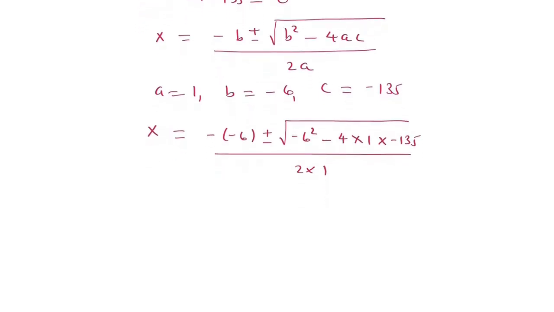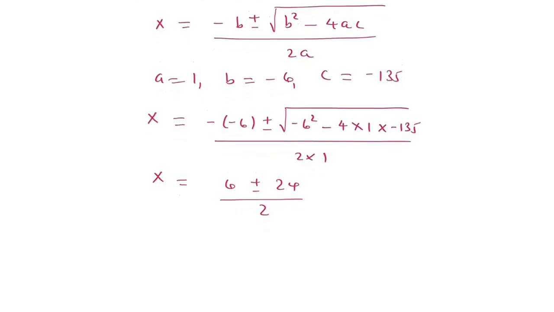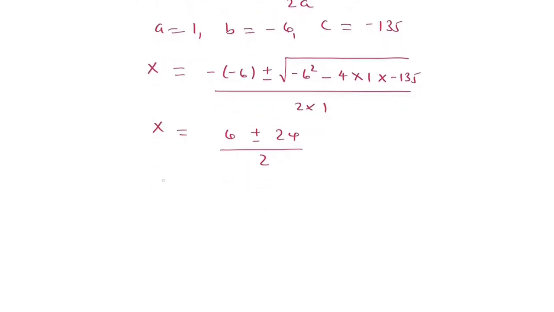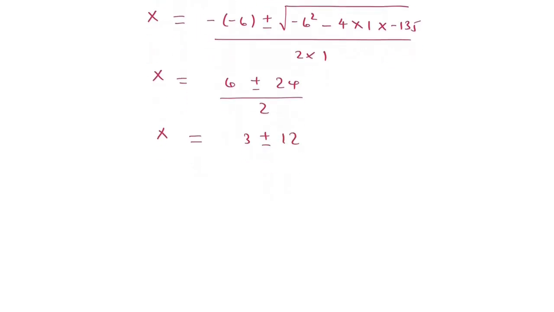Solving this, we are having x equals 6 plus or minus 24 over 2, which can be further simplified as x equals 3 plus or minus 12. Then x equals 3 plus 12, which is 15, or x equals 3 minus 12, which is negative 9.